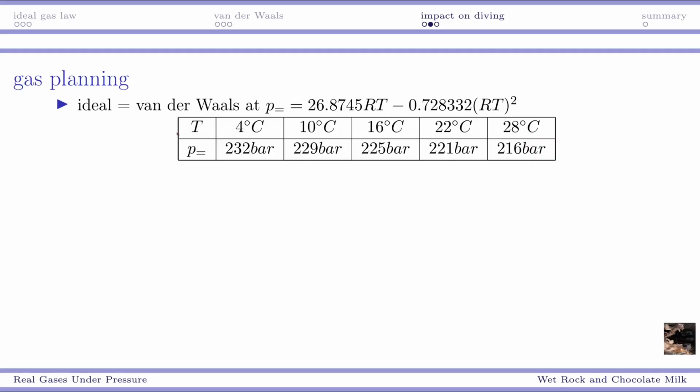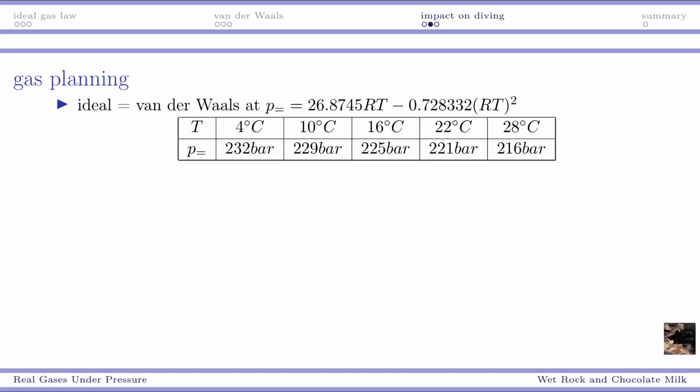And given that water freezes at 0 degrees Celsius, we're not going to go much below 4 degrees Celsius either. So for air, the range that we're looking at is roughly where we have a full cylinder, at least a full 232 bar cylinder. We're going to be talking about 300 bar cylinders a little bit later.